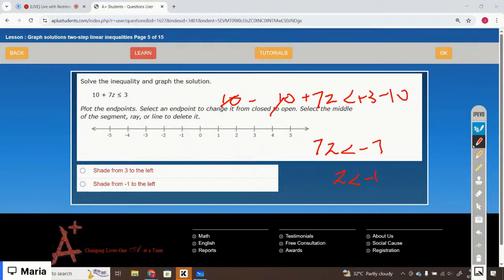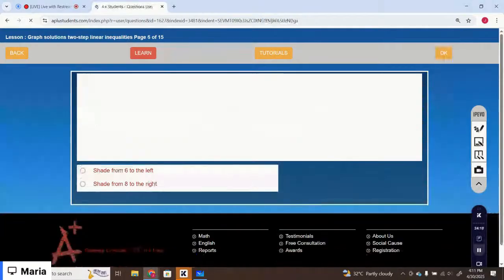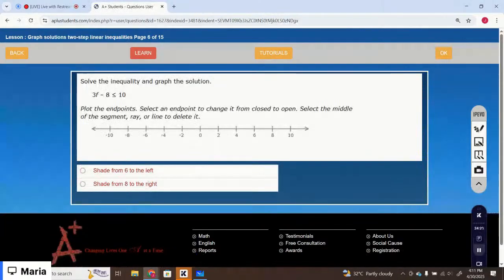Shade from negative 1 to the left. You can complete the lesson by yourself later today. Let me just move on to the next lesson.